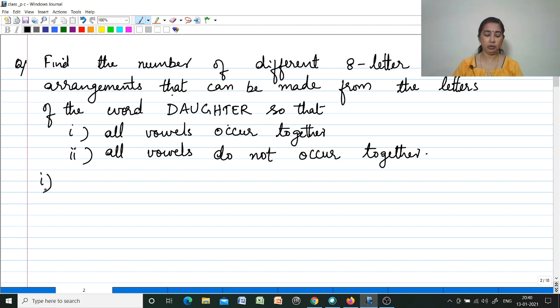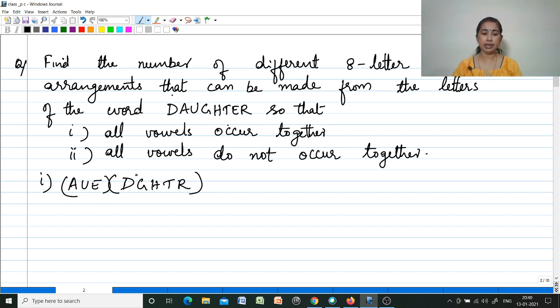The vowels are A, U, E, and the remaining letters are D, G, H, T, R. We need to find the number of arrangements if all the vowels occur together, and if all the vowels do not occur together. So first case, all the vowels occur together. How many arrangements are possible?